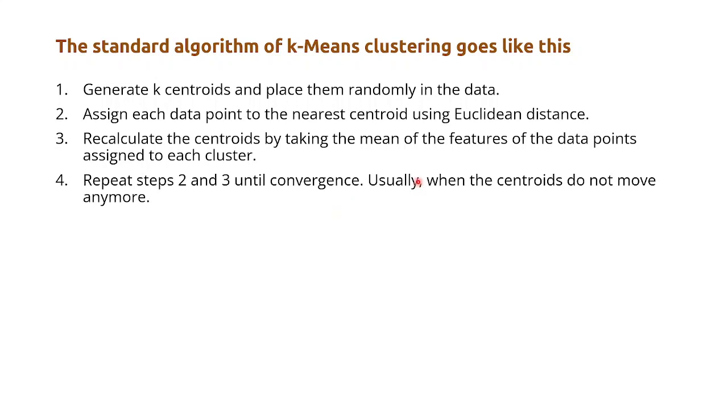Or if they still move but the movement is very small, you have a certain metric for error. So if it falls within that metric for the evaluation of your clusters, you stop iterating steps 2 and 3.